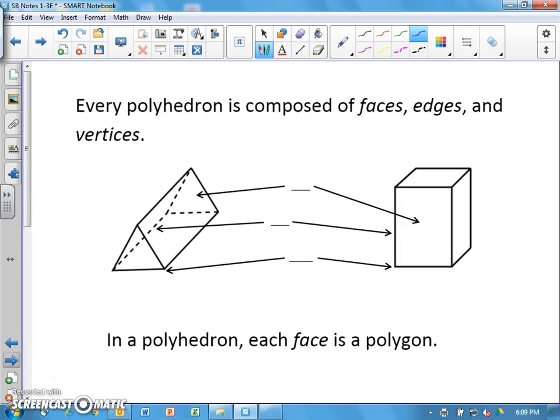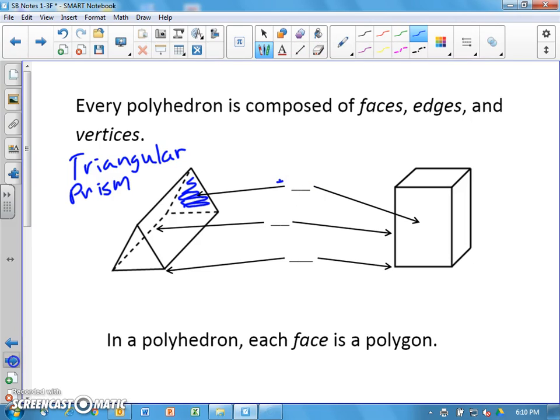Every polyhedron is composed of faces, edges, and vertices. On the figure to the left, which is a triangular prism, I know that because I've got 2 triangular bases and my sides are rectangles. The triangle on the end is a base.